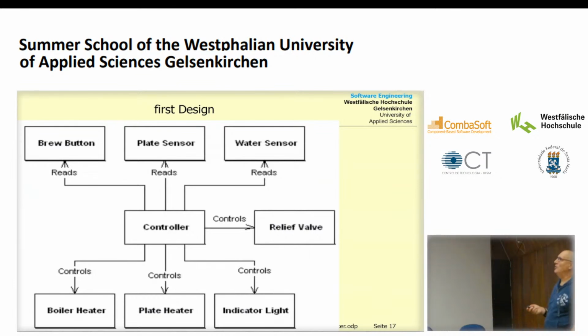It reads the information from the brew button, the plate sensor, the water sensor, and it controls the valve, the indicator light, the heater, both heaters. That is a very typical design of a technical system. At one step in the development process, you integrate controllers.